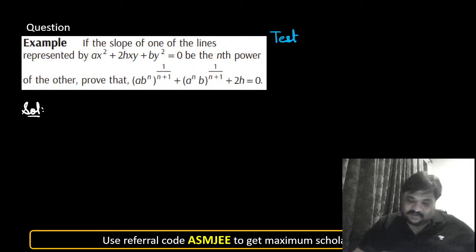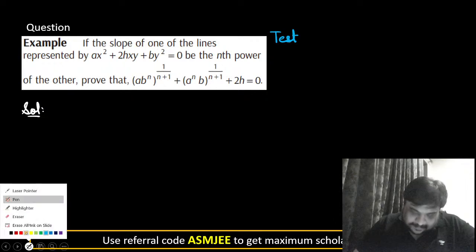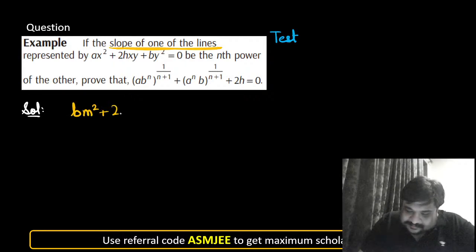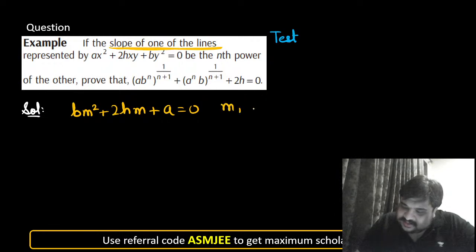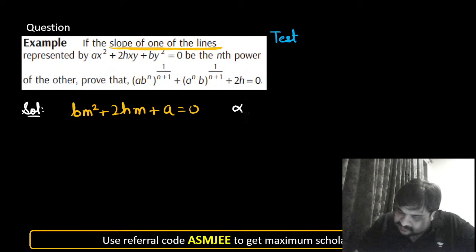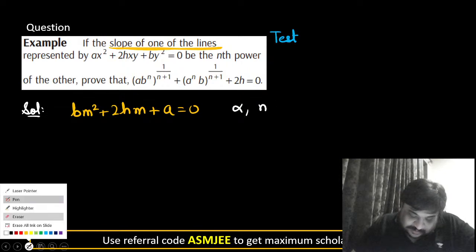Again, he wants to play with the slopes. It is one of his favorite questions, playing with the slopes. So we'll start with the slope quadratic. The slopes are, let's say, alpha and alpha raised to power n.